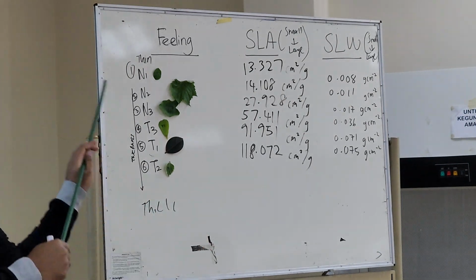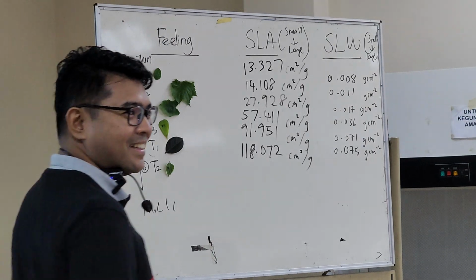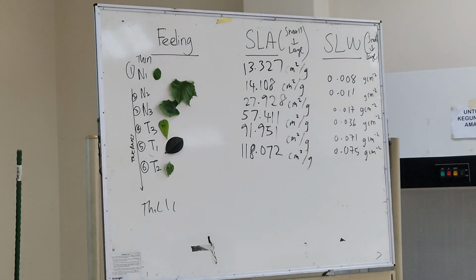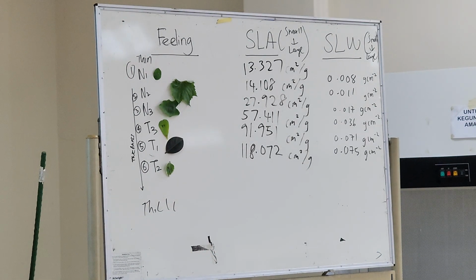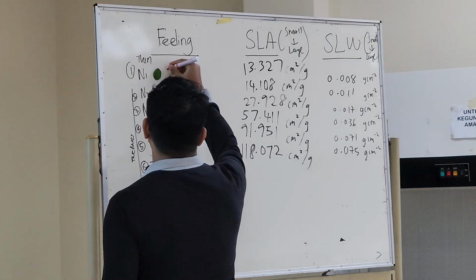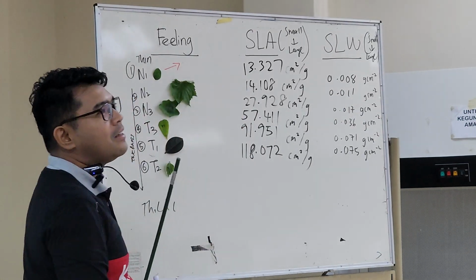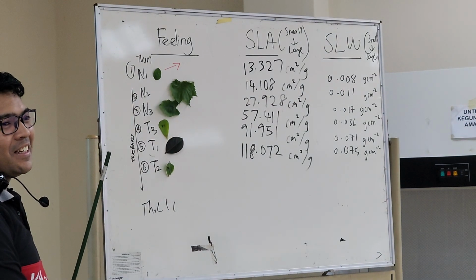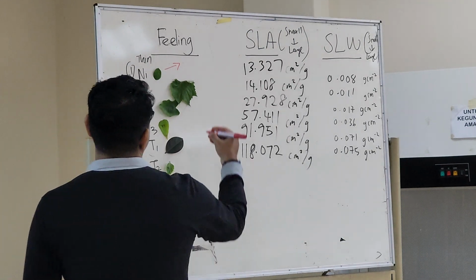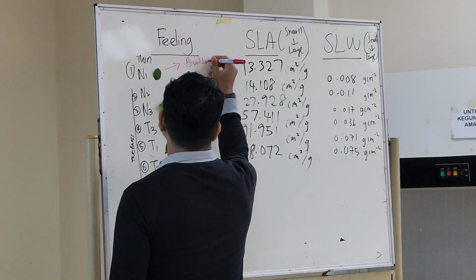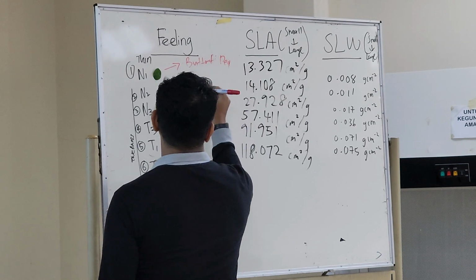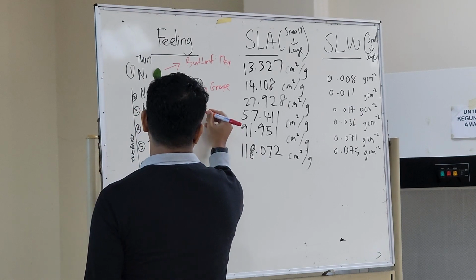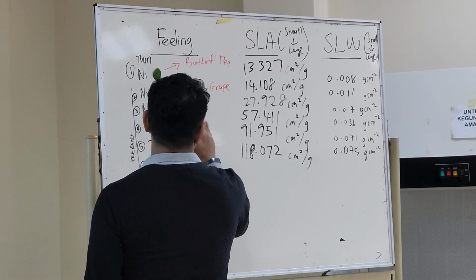Do you know the name of this plant that you plucked? It's okay. So this is butterfly pea. This is grape. I think this is caladium.